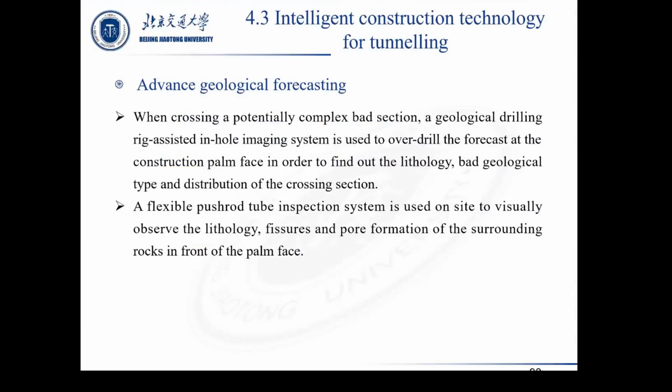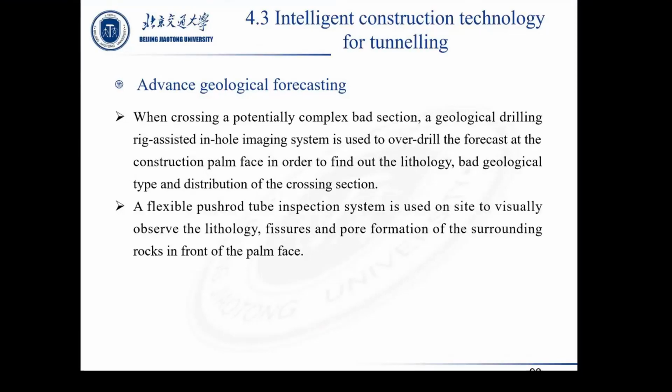During the design and the construction phase of the tunnel project, a geological exploration and imaging system is used for advance forecast and the construction phase to find out the type of the poor geology and the distribution of the cross section.